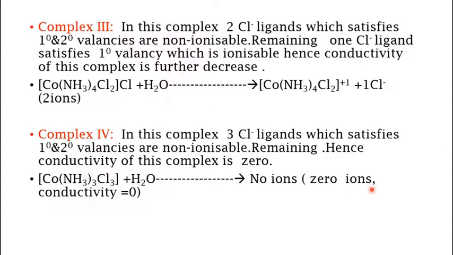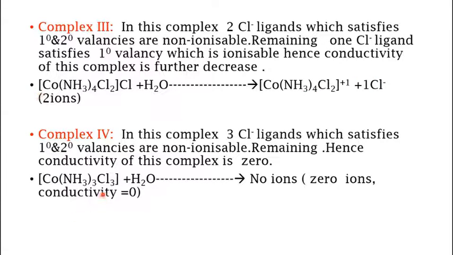Next, coming to complex 3, here you have the complex Co(NH3)4Cl2, and outside the coordination sphere you have one Cl, plus water. When it is ionized, you will get the ions [Co(NH3)4Cl2]+, which is the charge on the coordination sphere, plus one chloride ion. So there are totally 1 plus 1, that is 2 ions.